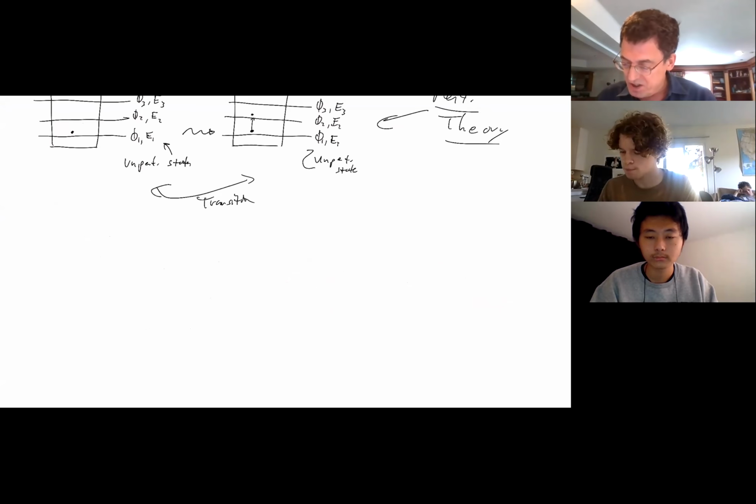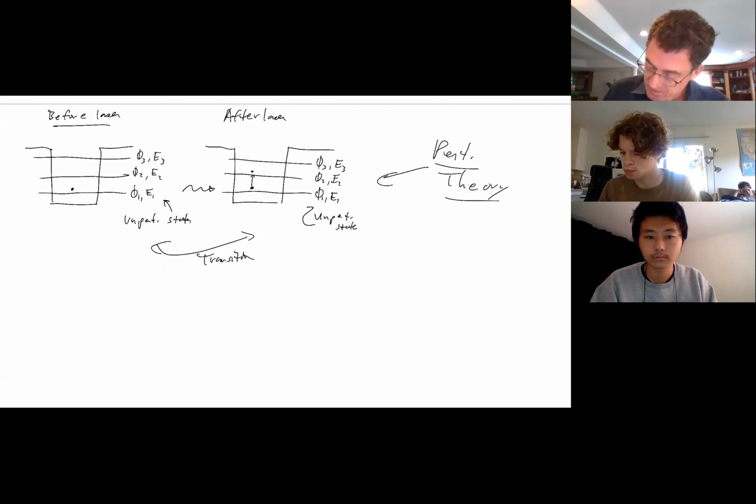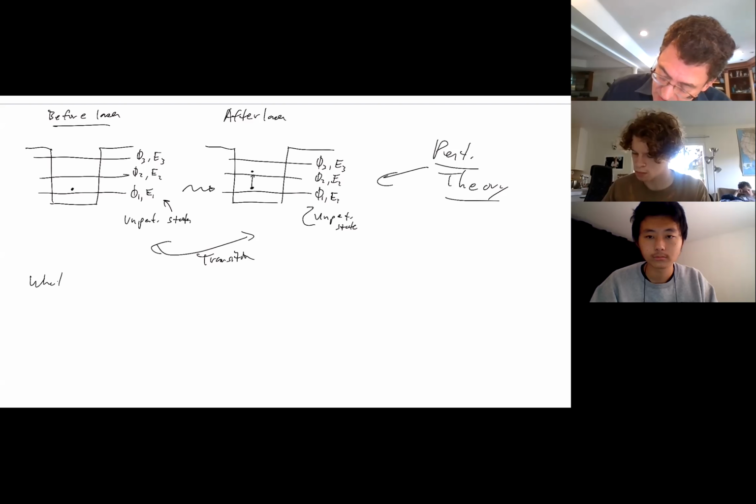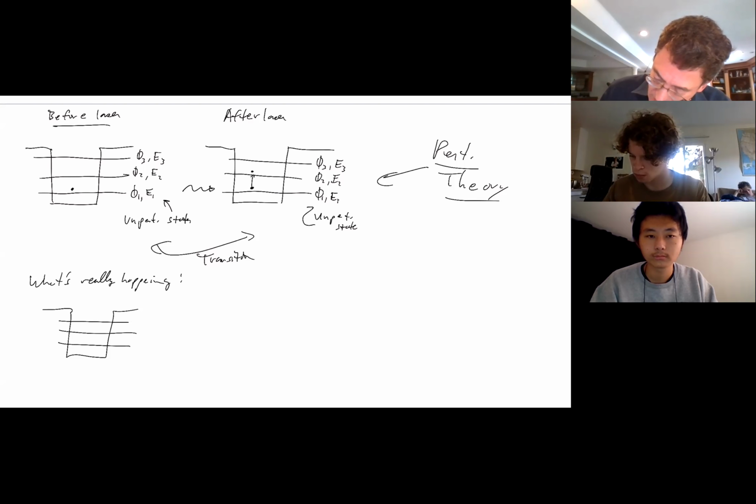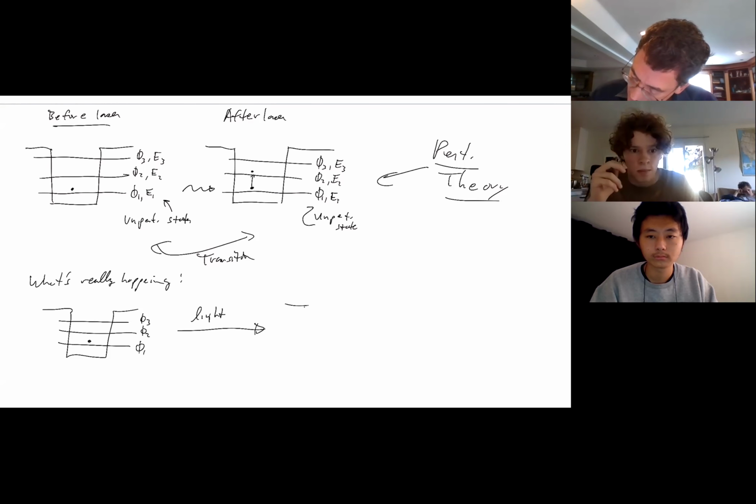But I do want you to appreciate what's really happening. You're sitting in some old states, and then you turn on the light, and then you get some new states.